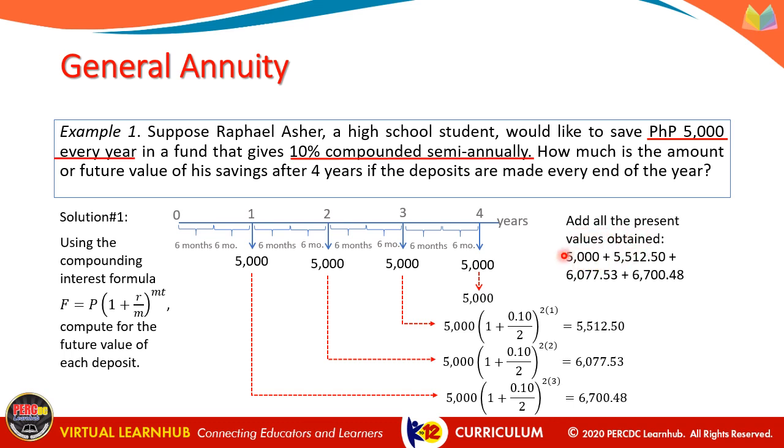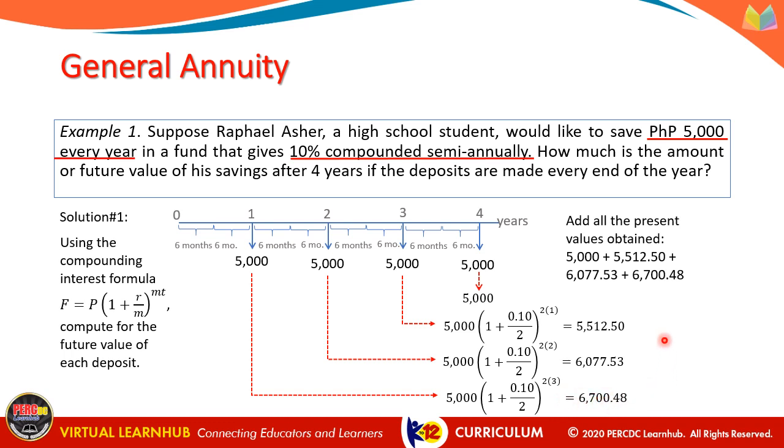Next step, just add all the values obtained. That is 5,000 pesos, that's what we have here, plus 5,512.50, that's this one, plus 6,077.53, okay, that's this one, plus 6,700.48 for this one.